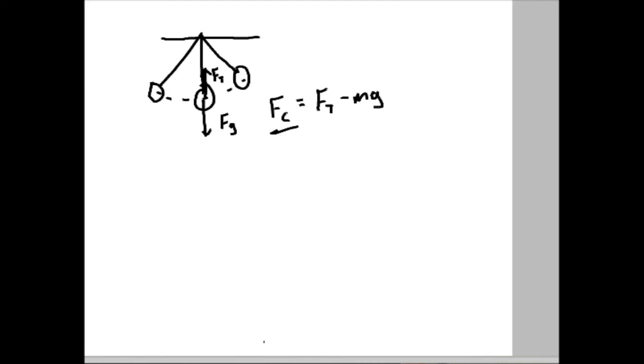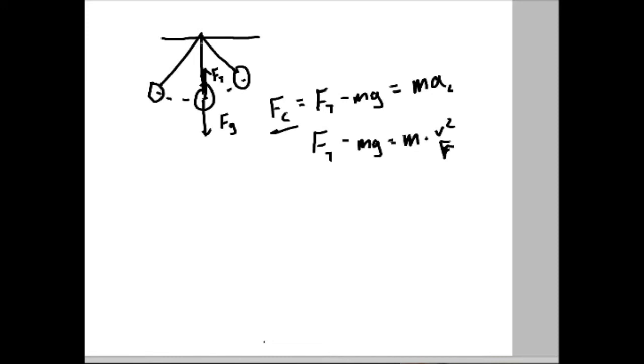Now, centripetal force is still equal to mass times centripetal acceleration. So if I take Ft minus mg, and I set that equal to mv squared over r. Well, r really is the length, which doesn't change really ever.